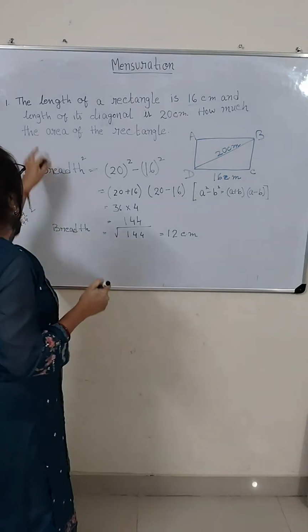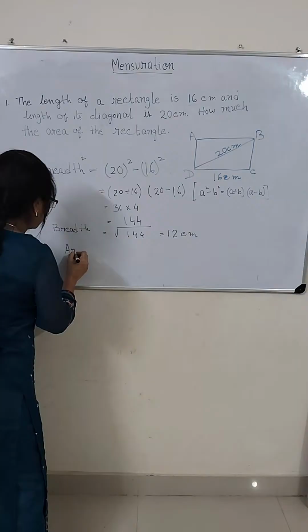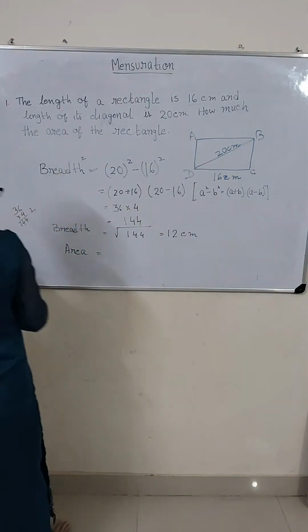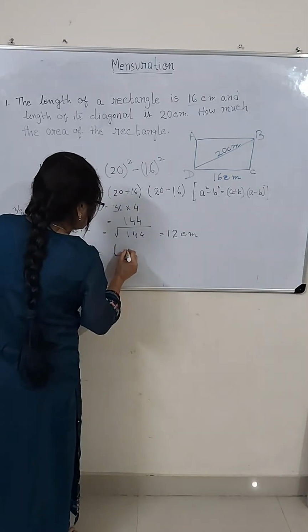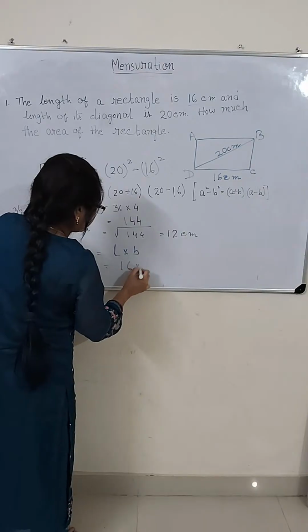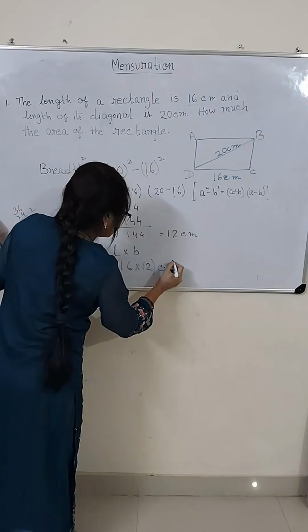Now find out the area. What's the area formula? Length into breadth. Length is 16, breadth is 12 centimeter square.